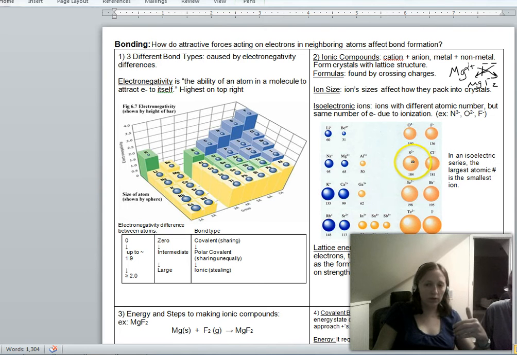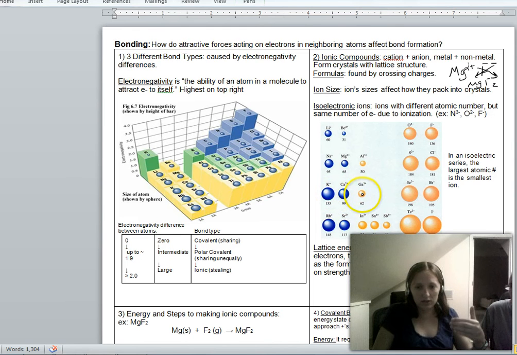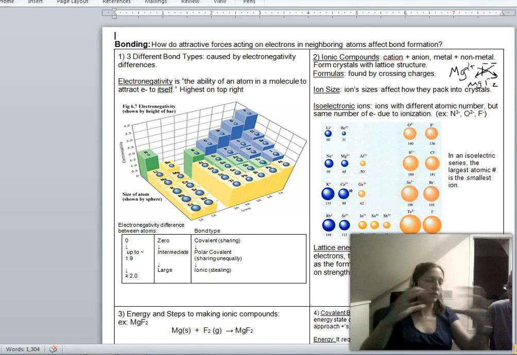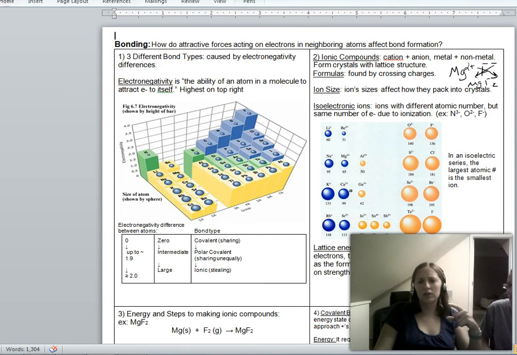Then you go down a row and you've got another isoelectronic series: sulfide, chloride, potassium, calcium, and gallium ions have all got the same electrons. They're all slightly larger than the ions above because they've increased in the number of shells. Are they on 3 or 4?